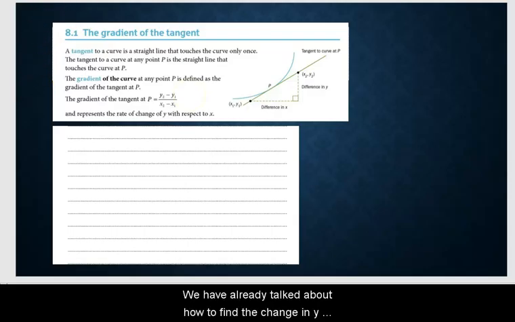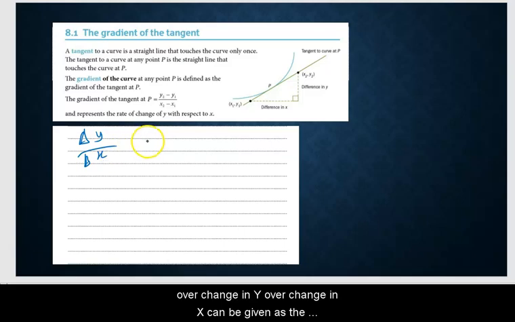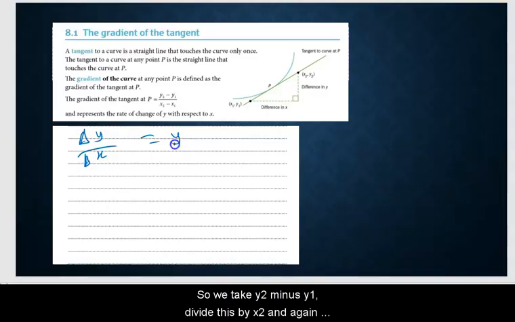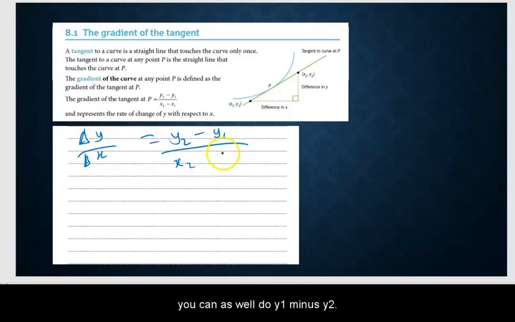We have already talked about how to find the change in y over change in x, which can be given as the difference in those two numbers. So we take y2 minus y1, divide this by x2 minus x1, and again you can as well do y1 minus y2, divide this by x1 minus x2.